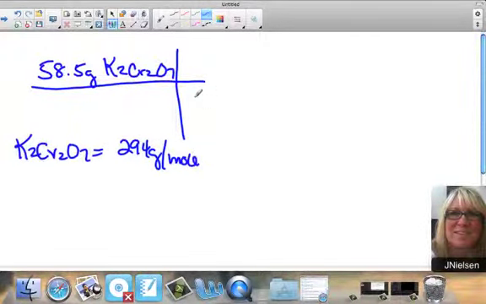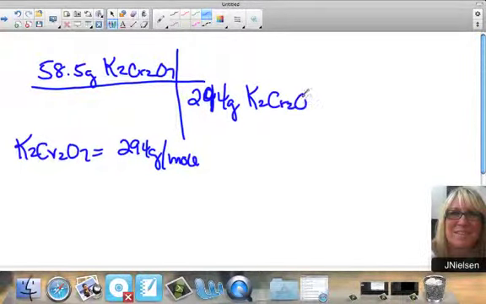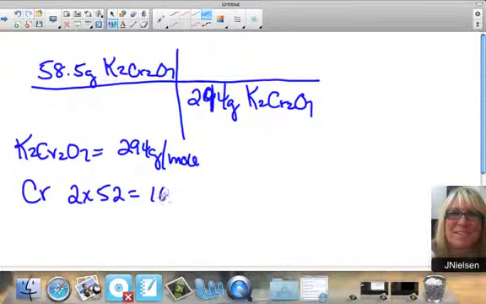So what I know is that 294 grams of K2Cr2O7 contain 2 chromiums. Well, each chromium has a mass of 52, so Cr, we've got 2 times 52, which is equal to 104 grams.